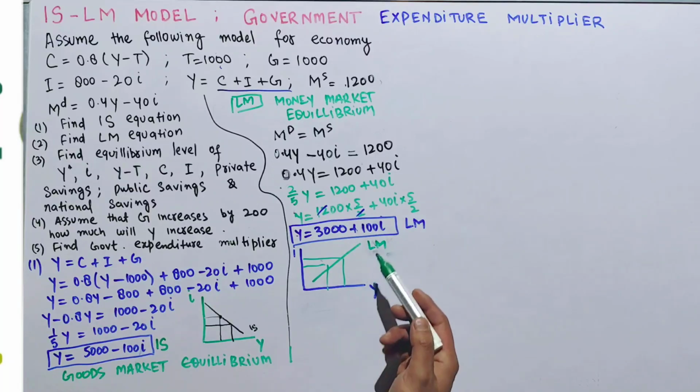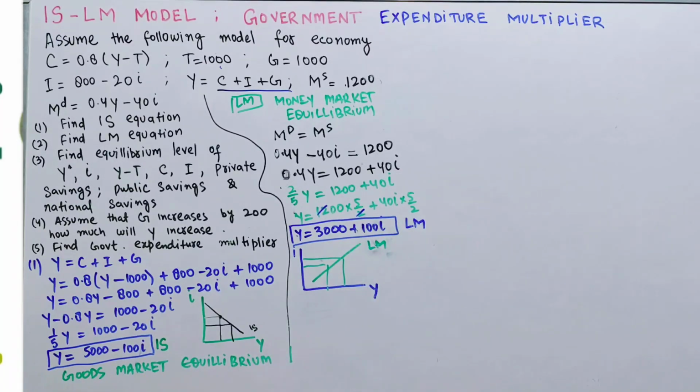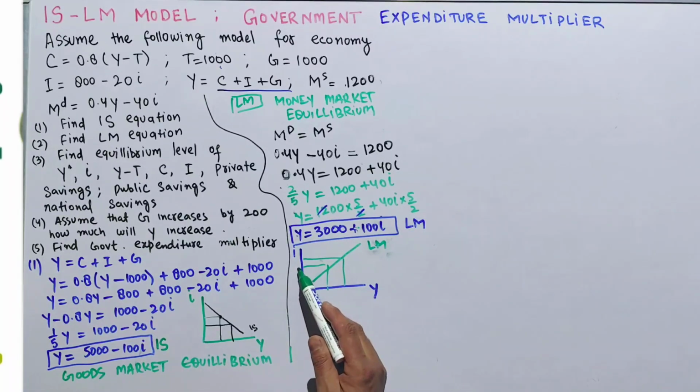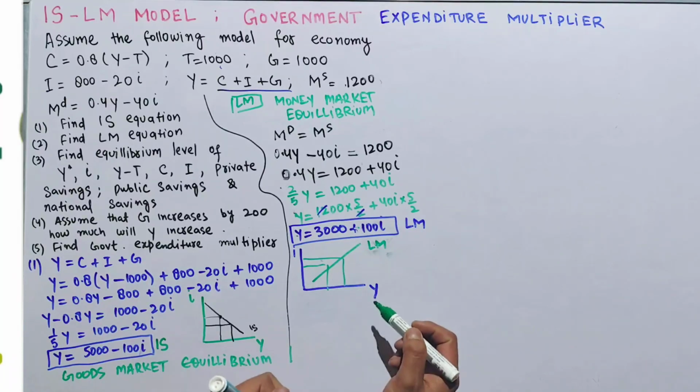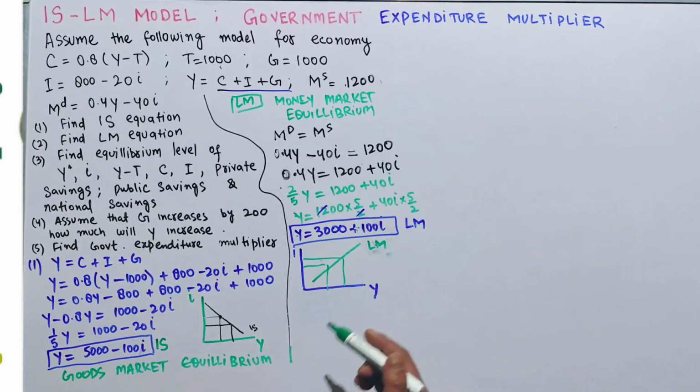It has a positive slope because the coefficient of interest rate is positive here. Similarly, the IS equation shows different combinations of rate of interest and level of income where the goods market is in equilibrium. So this is our LM equation.